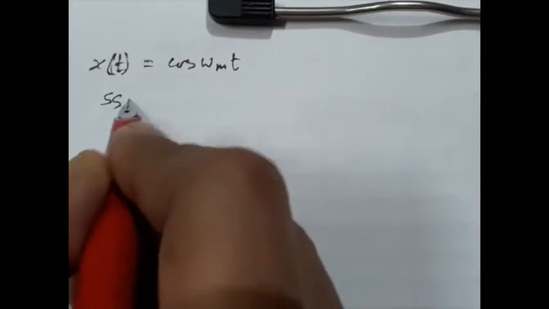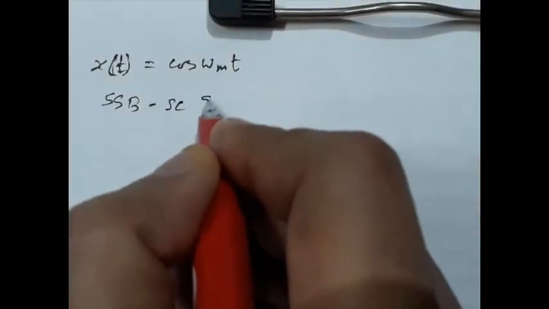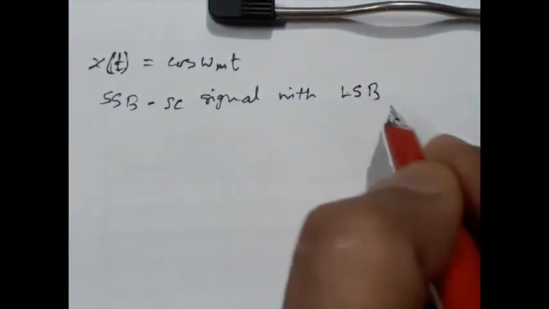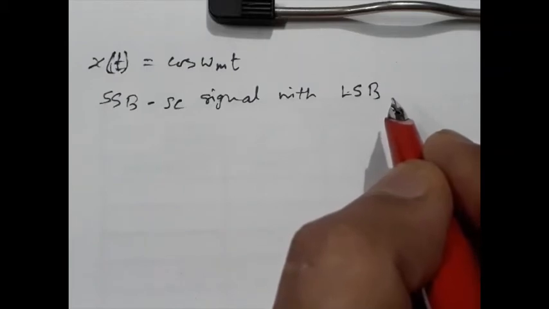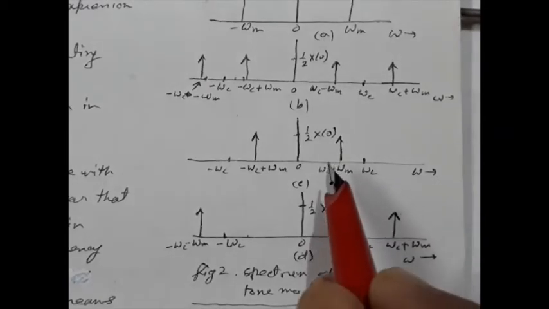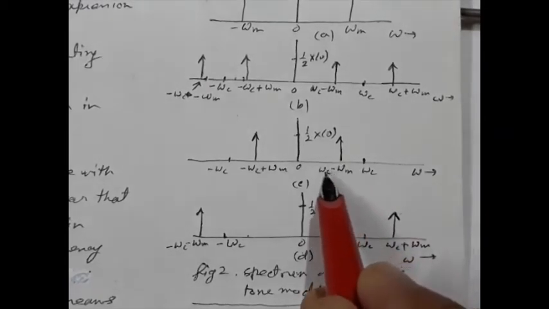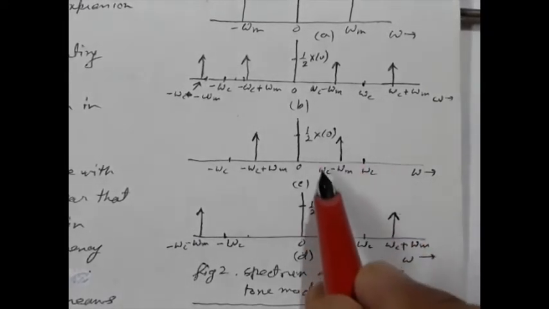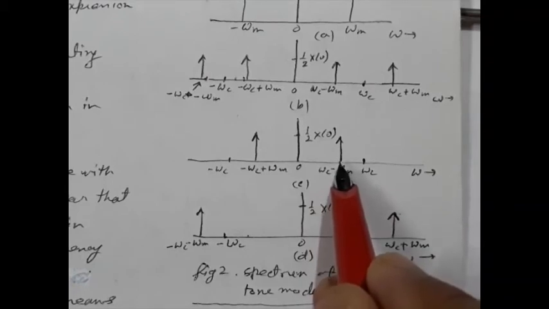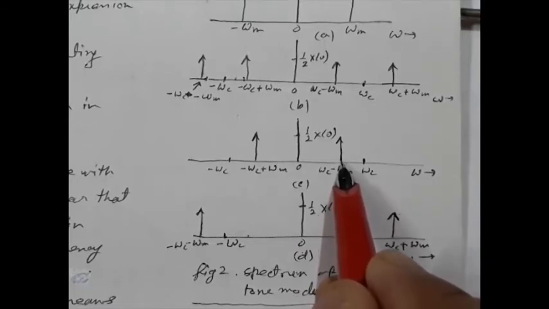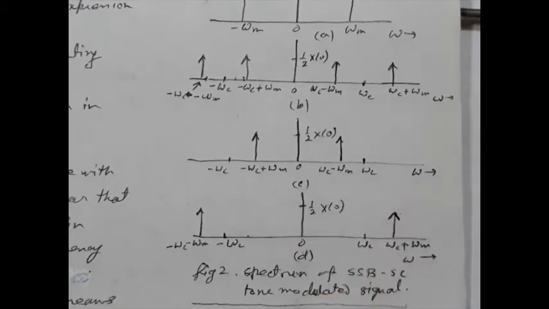So for the SSB-SC signal with LSB, the lower sideband, in our previous spectrum, if we keep the lower sideband, the only existing component is omega c minus omega m, and it is a spike, that means it is a cosine wave. So for LSB, the only existing component is cos of (omega c minus omega m) t.